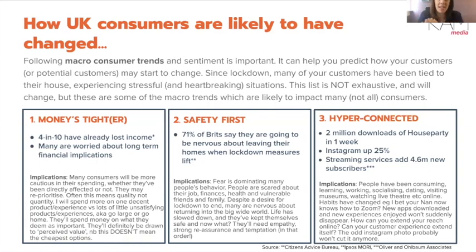So even if they don't literally have less money at the moment, they are conscious that they may have, that the economy is less stable, etc., and prices may well rise. The implications for you: it doesn't necessarily mean it's going to be all about cheapest price, promotions, etc. What it means is people will just be reevaluating how and where they spend their money.